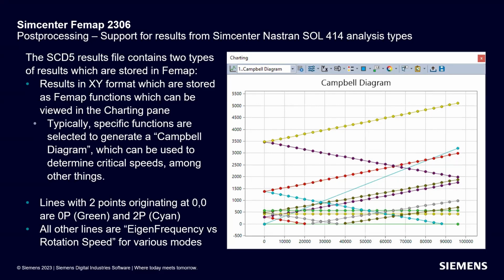A lot of times what you want to look at is the lines with 2 points only originating at 0, 0. The 0p line, that's the one down there at the bottom, and then the 2p line, that's the light blue cyan colored one that's going up. Where they cross, these are the critical speeds.